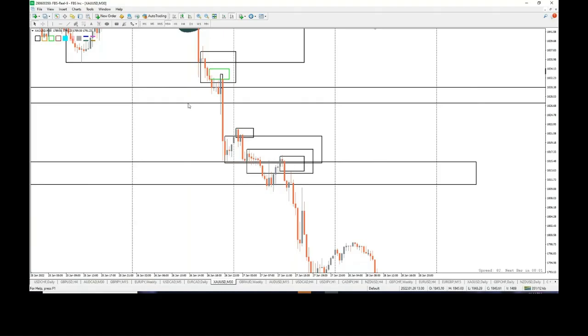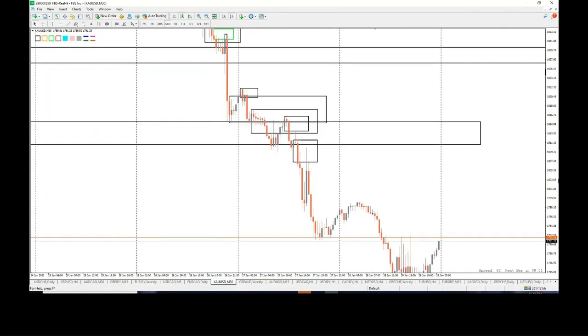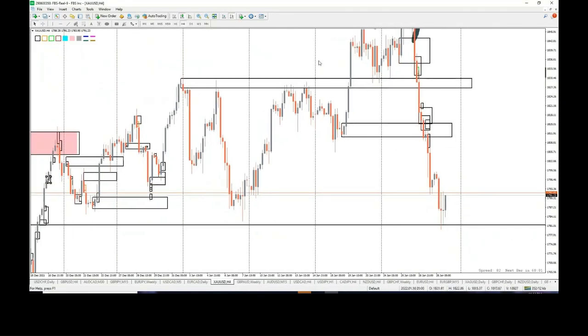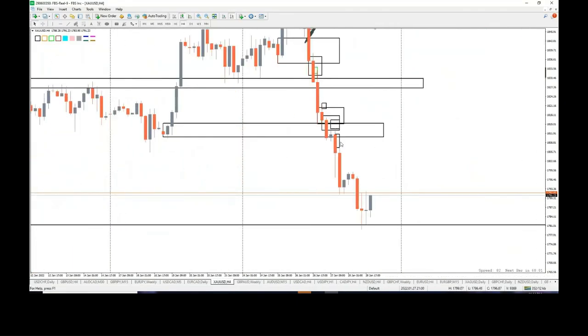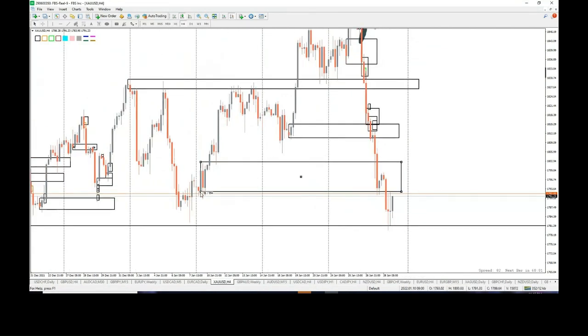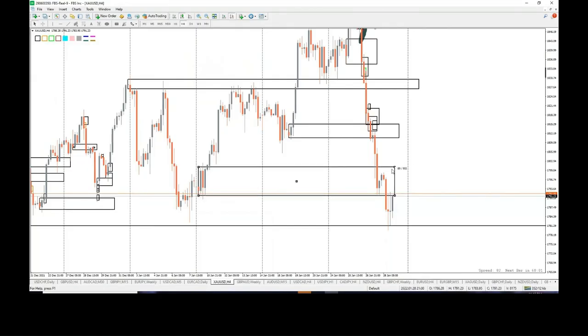But you have more re-entry right here. You can see it. Because this zone is broken, the price continues to the next H4 zone, which is this one.